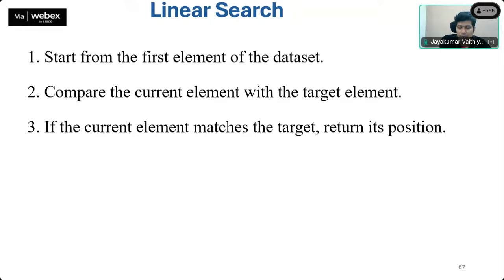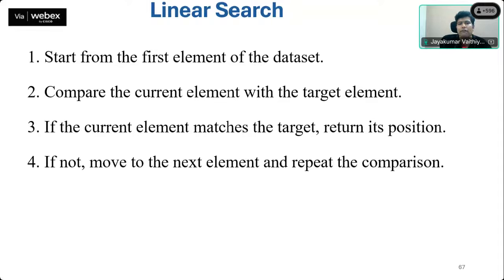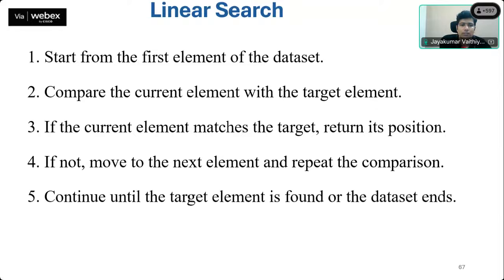If you are not able to find that element, then you need to move to the next element and repeat that comparison, until your target element is found or your data set ends. So there are two results out of this linear search: a match is found, or the element is not existing in the given list.